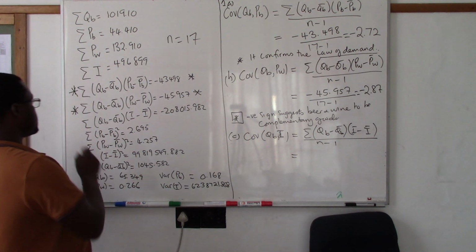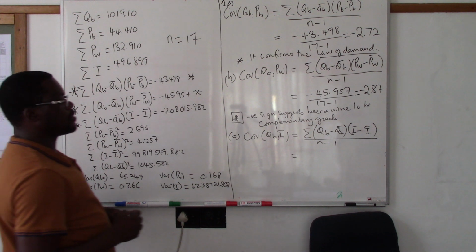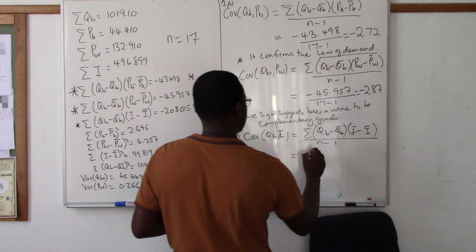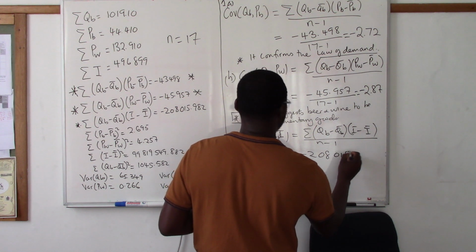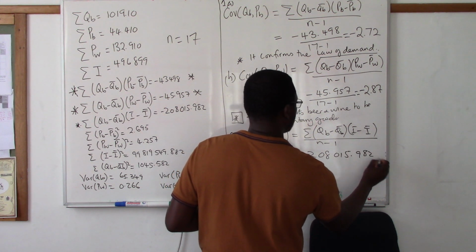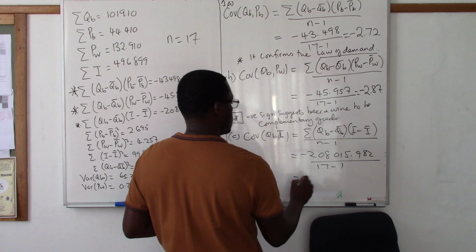The relevant summation you are interested in is this one, which is minus 208,015.982, and you are dividing that by 17 minus 1.